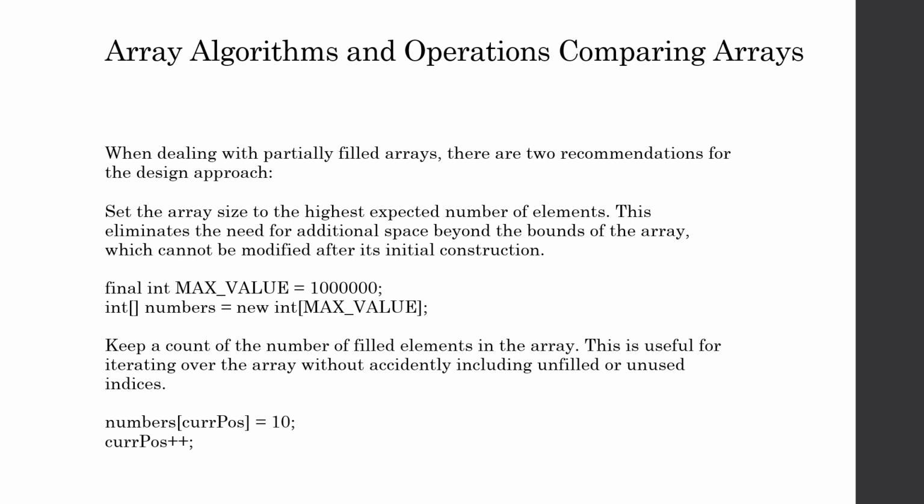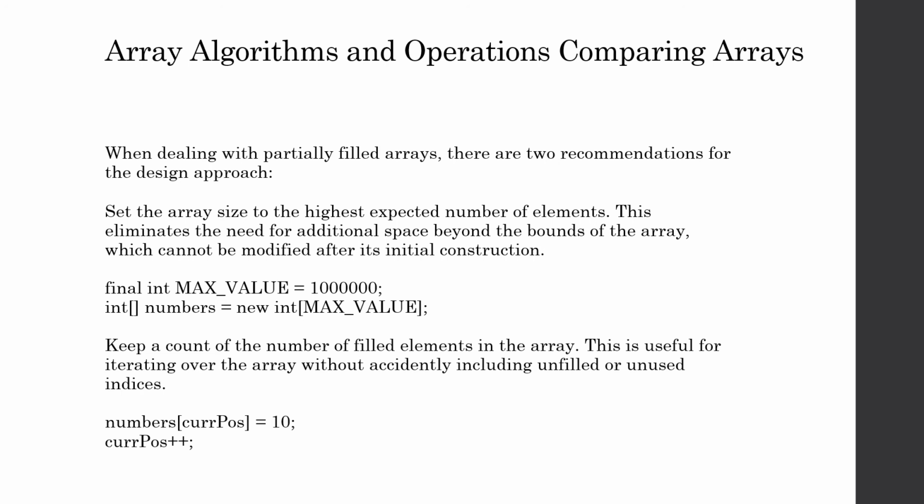So you will create some final variable, some constant, that you can set to the maximum possible number of items that you're going to put into the array. In addition to this, you want to keep a count of the number of filled elements in the array. This is going to be useful for iterating over the array without accidentally including any of the unfilled or unused indices.